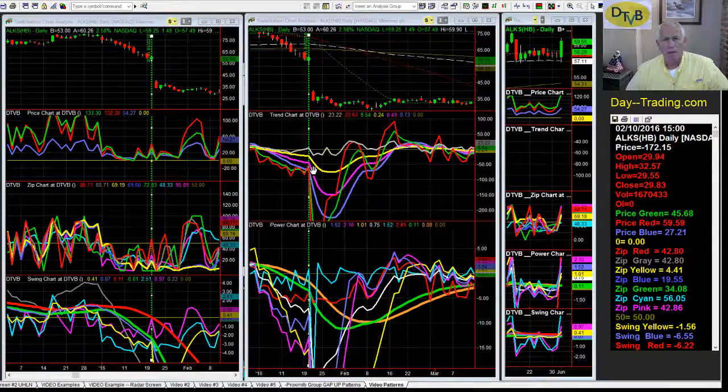Again, if you haven't picked up on it, the entire day trading Visual Basics system is built on identifying reversal patterns or cycle reversals, tops and the bottoms. We can effectively pick the tops and the bottoms.